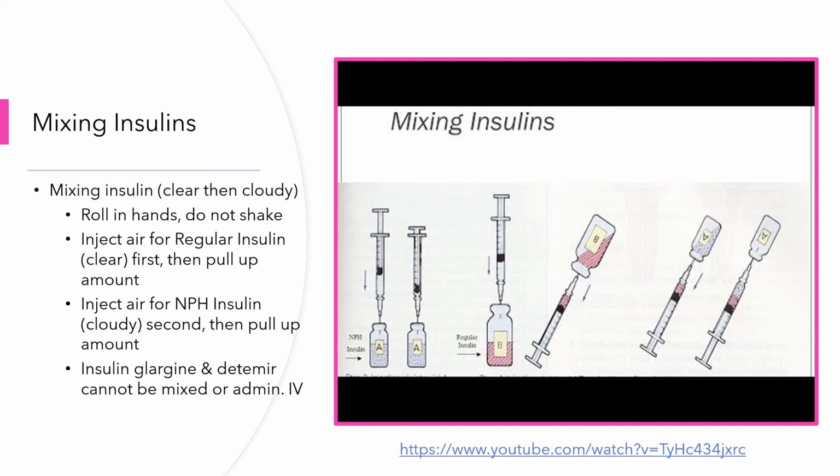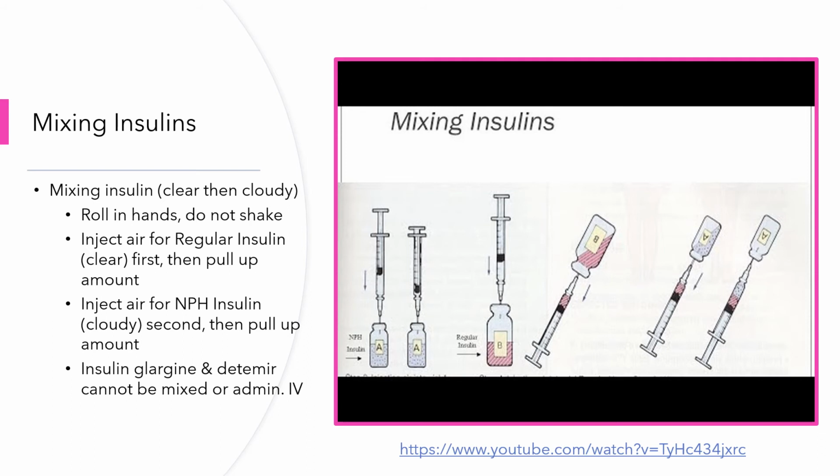So you'll be administering a total of 30 units, but you had 5 of regular and 25 of NPH. You still need to know your differences there, but you need to know also what you're supposed to be at your total so that you're drawing up the correct amount of your NPH.